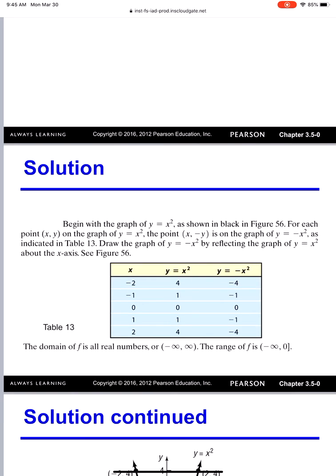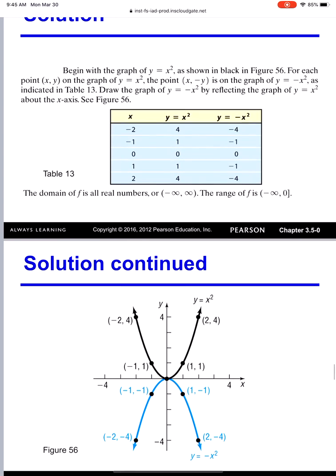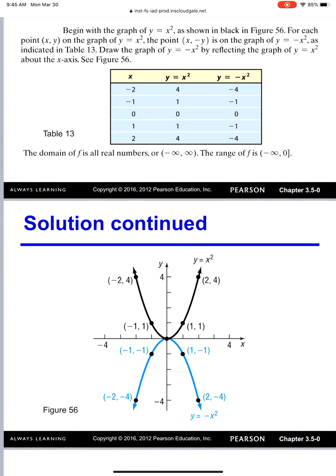So like you see, 4 will become negative 4, 1 will become negative 1, and so on. So the best way to see reflection about the x-axis, like you see in black, you see the original function, and we just flip over with respect to the x-axis. So the x value stays the same, y values of the original graph change to opposite.